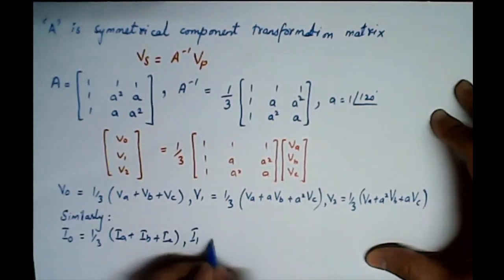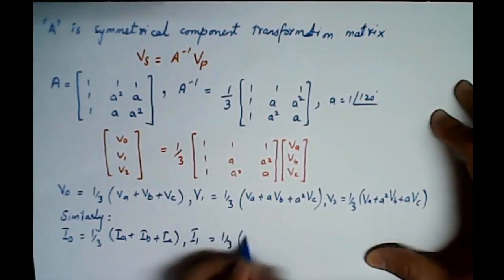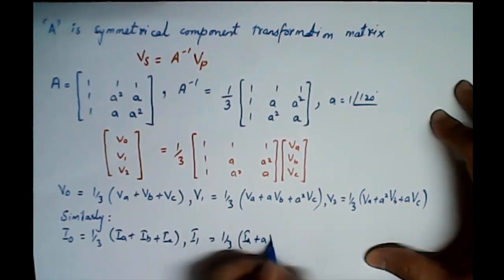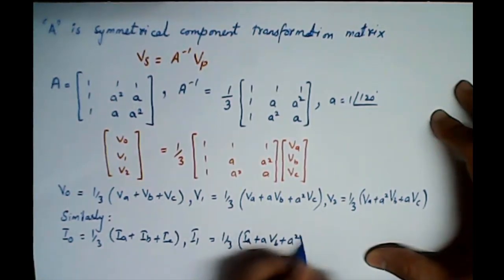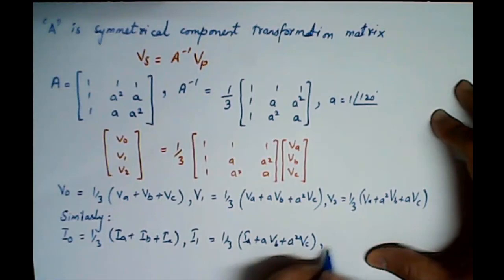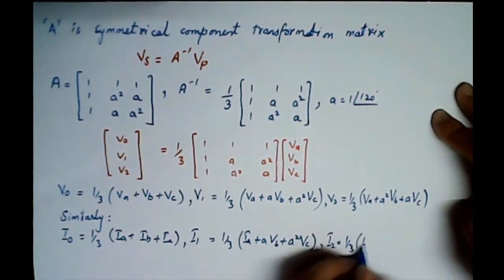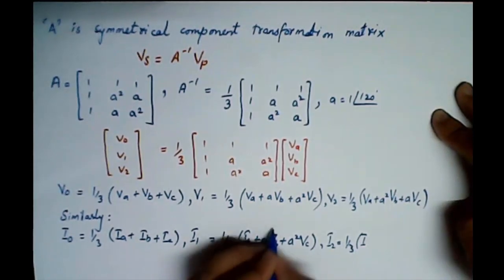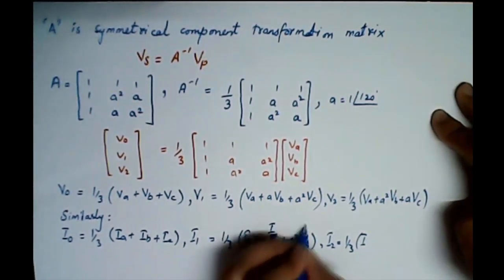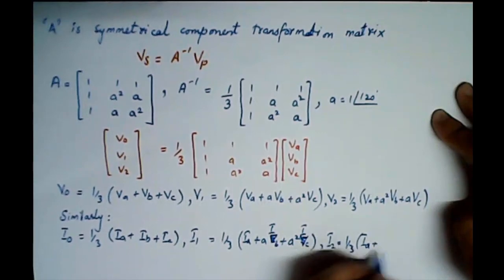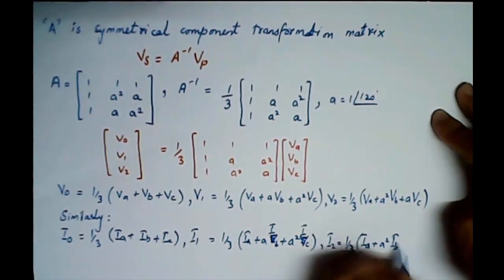I1 will be equals to 1 over 3 (IA plus a·IB plus a square·IC), and I2 will be equals to 1 over 3 (IA plus a square·IB plus a·IC).